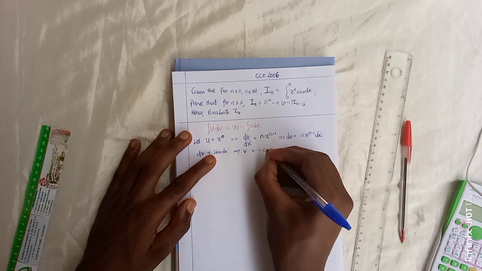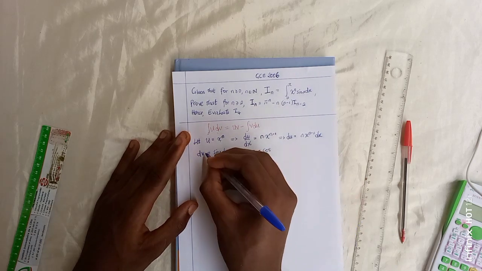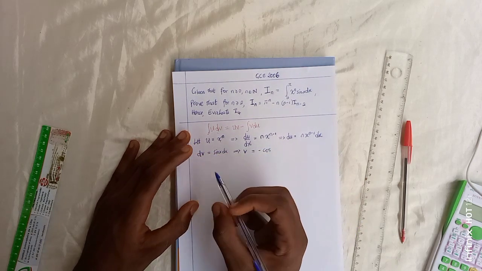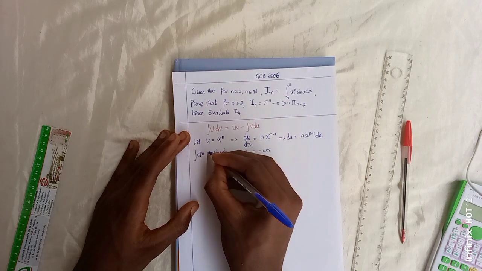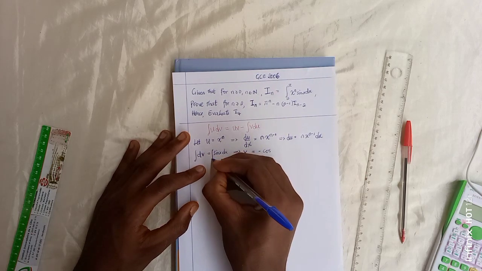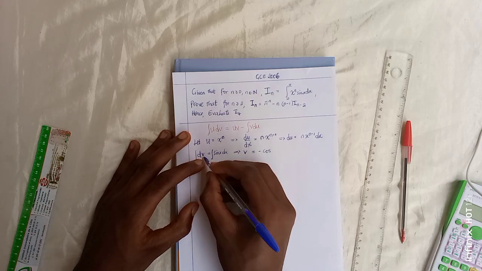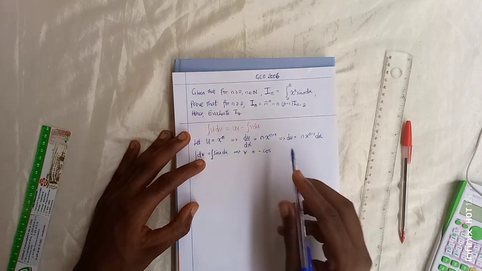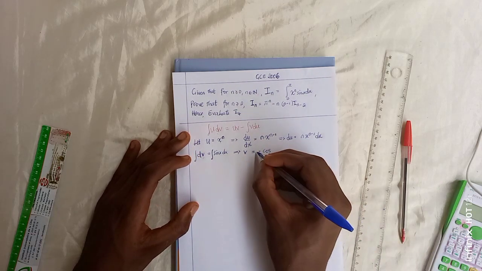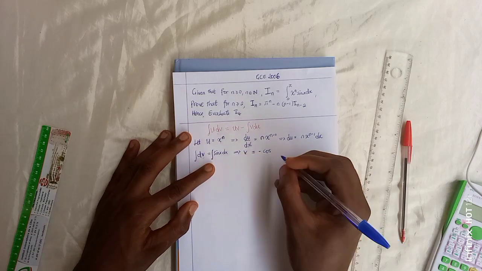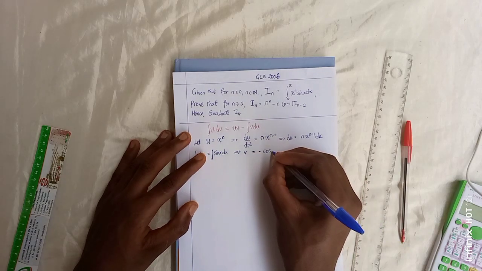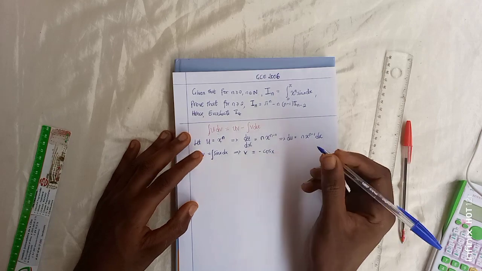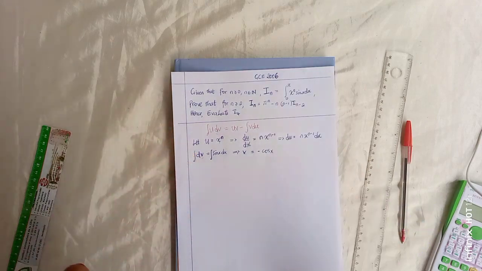The cosine function, because dv equals sine x dx. So I'm going to integrate both sides to solve for v. When this is just a derivative of v, when I integrate it, it goes back to the primitive, v equals to what? When I integrate the sine function, I'm going to get negative cosine of x.